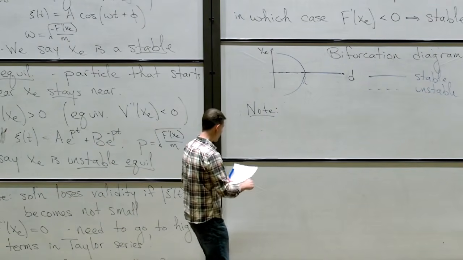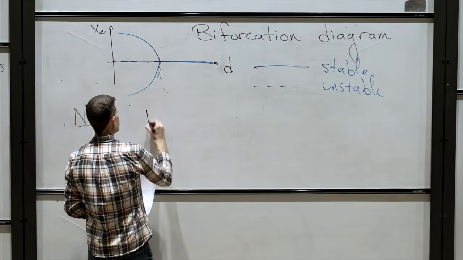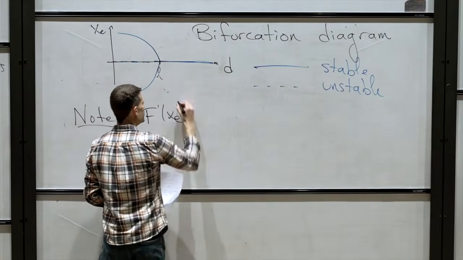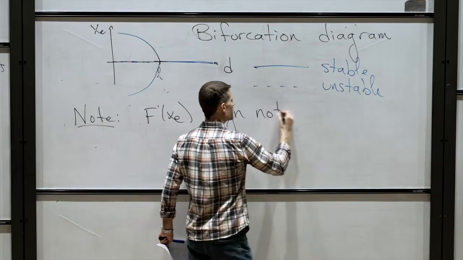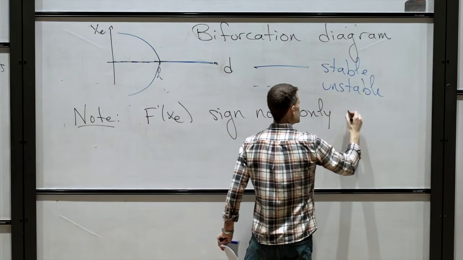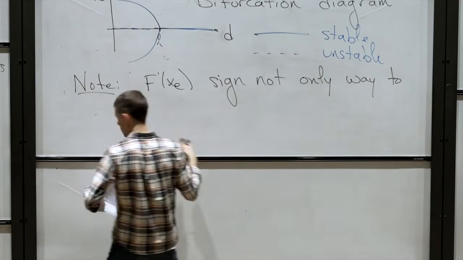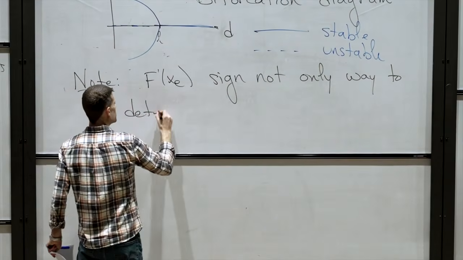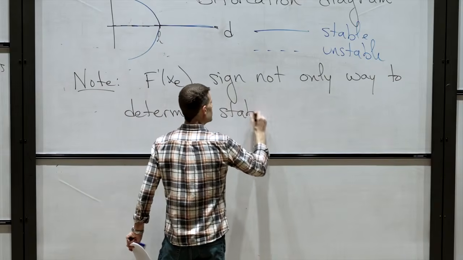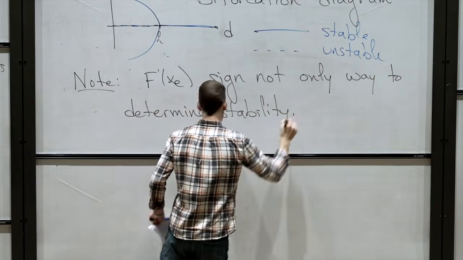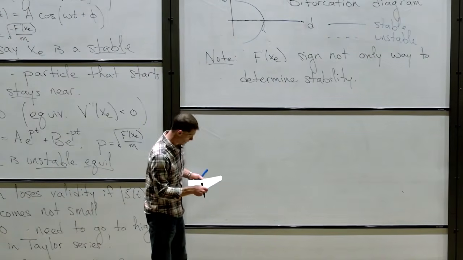It's also worth noting that the sign of f prime of x_e is not the only way to determine stability.